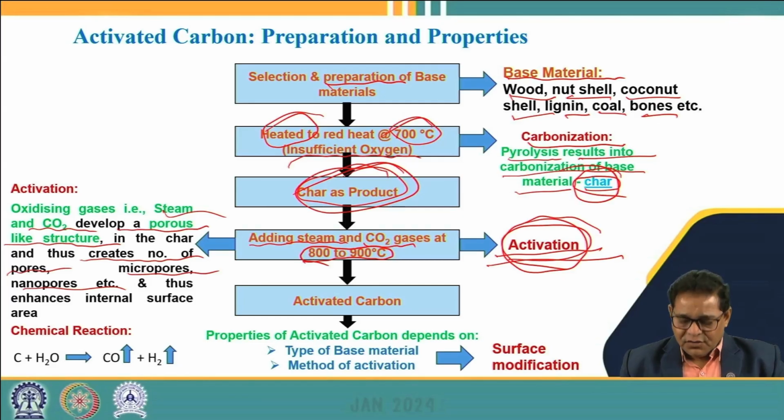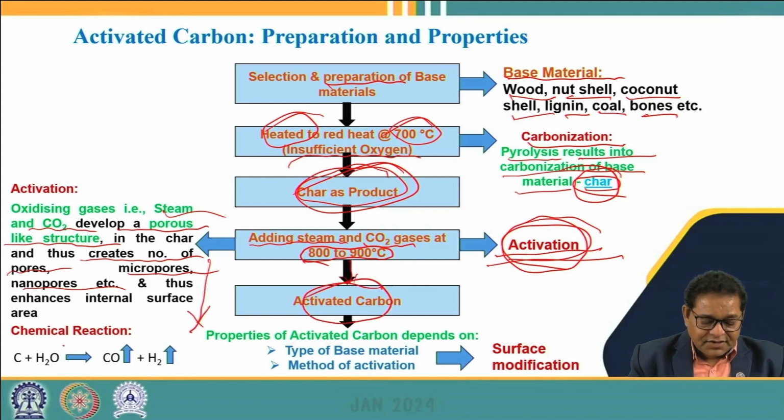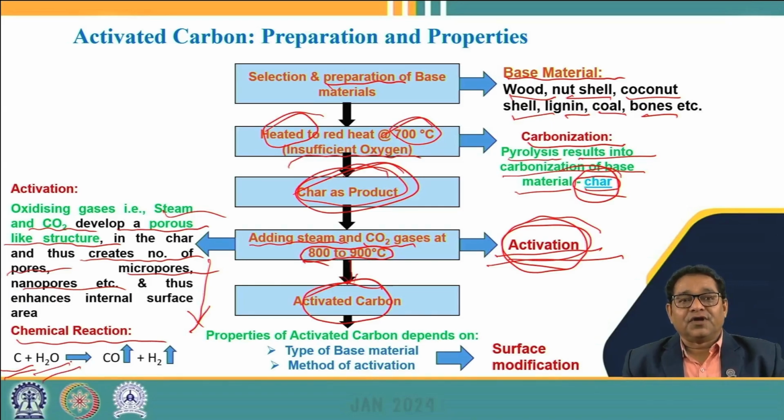So finally, activated carbon is produced, and during this activation process the following chemical reaction takes place. The carbon in the char material, when exposed to water vapor, forms carbon monoxide and hydrogen. These gases are eluted out and create the porous structure.